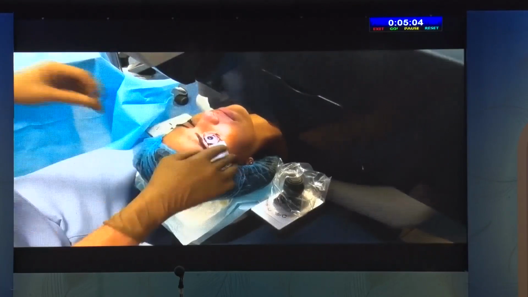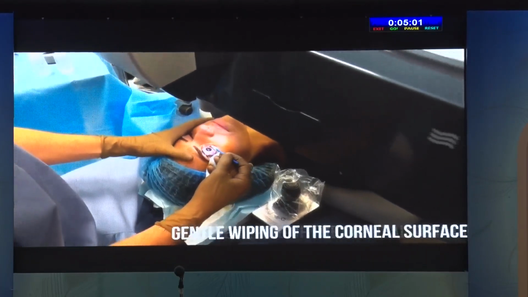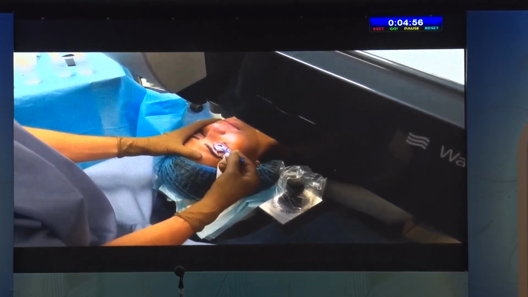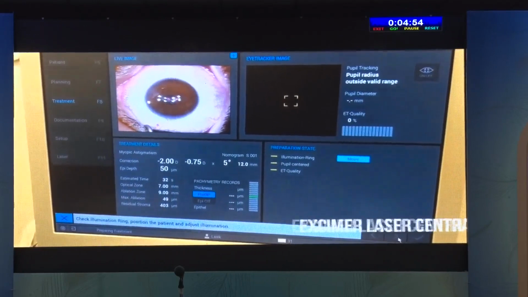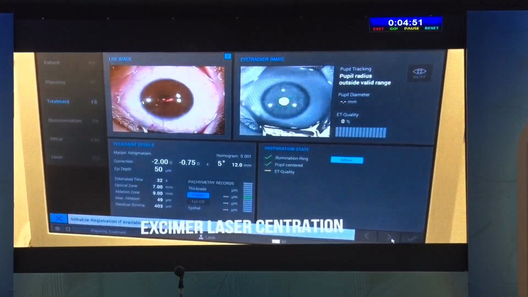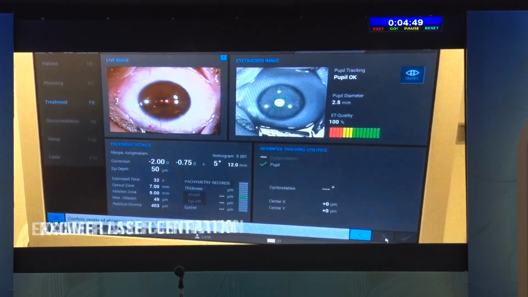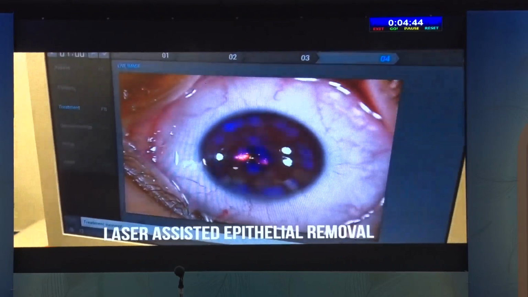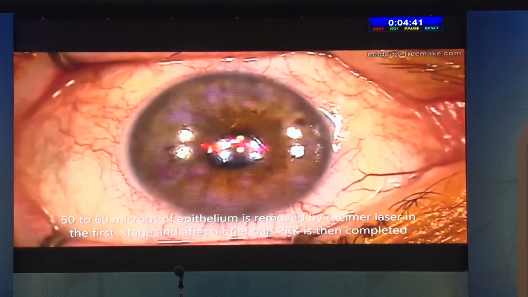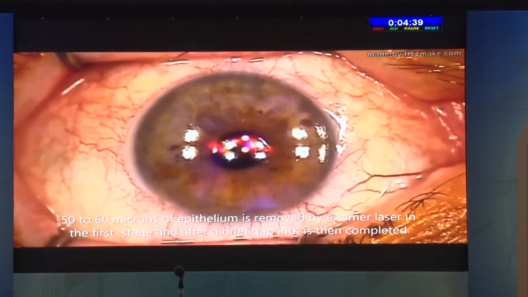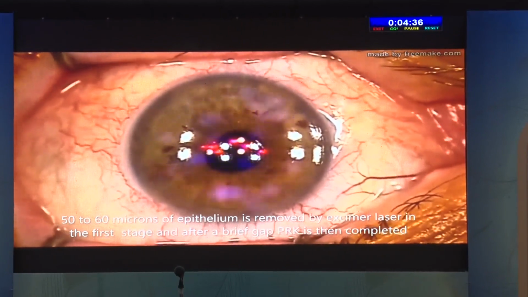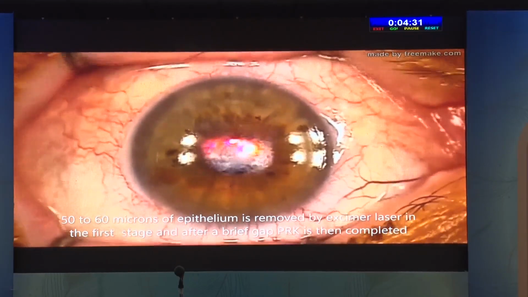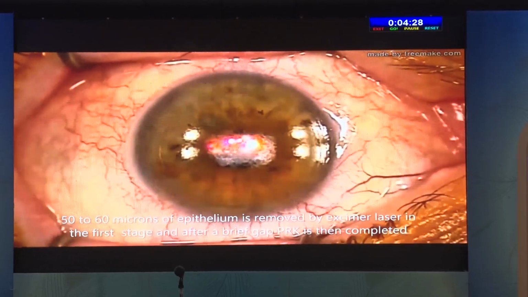The process is the same. You drape the patient, anesthetize the patient, put cold saline or cold BSS so that the patient has less pain, and then you do all the settings as you do for a PRK, except that you have to have an additional setting where you remove the epithelium, and the epithelial removal depends on the pre-operative evaluation of the corneal epithelial thickness by an anterior segment OCT, and you can set about 45 to 60 microns thickness to remove the epithelium.